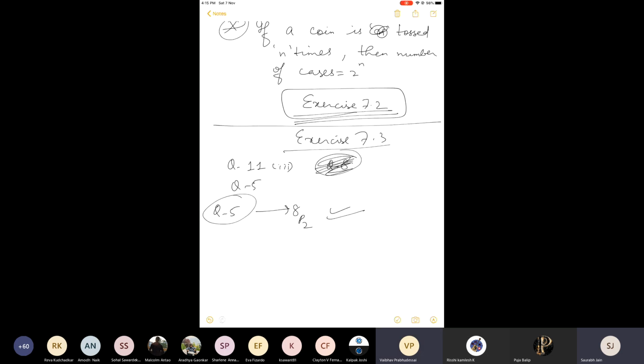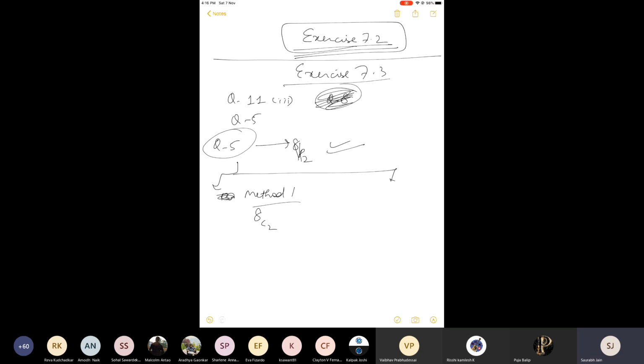There are two ways to solve this question. This is method one. In method one, you will say we have 8 people and we want to choose, so selection is coming. Two persons can be selected in 8C2 ways, right? But after selection, I will multiply this result by 2 factorial.